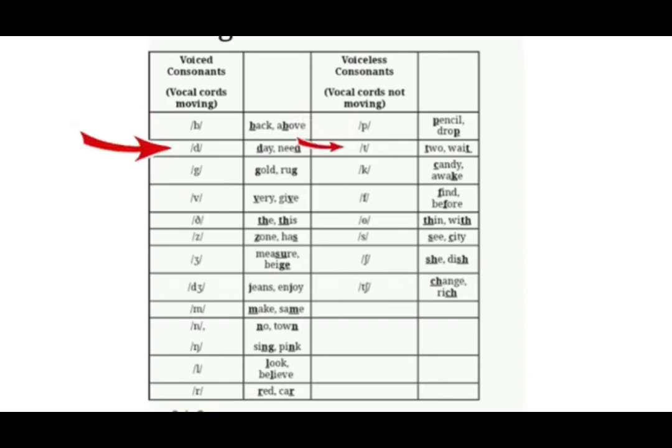T and d: day, need, to and wait. K and g: example cold, rock, candy, wake. F and v: very, give, fine, before.